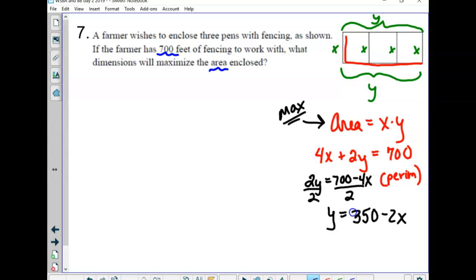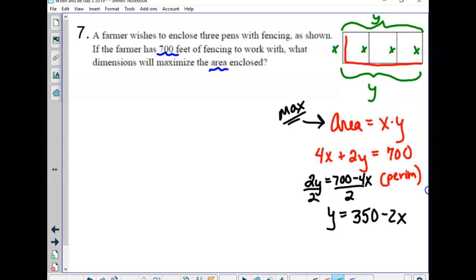Okay, so if he has 700 feet of fence, cut it in half. He's got 350 left. And out of that 350, he's going to cover half of one of the y's and two of the x's. I'm sorry, guys.